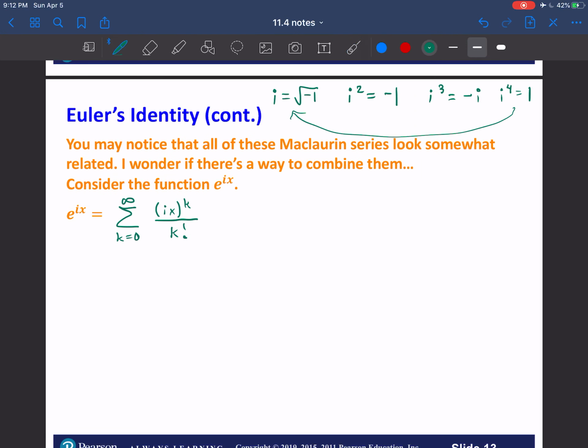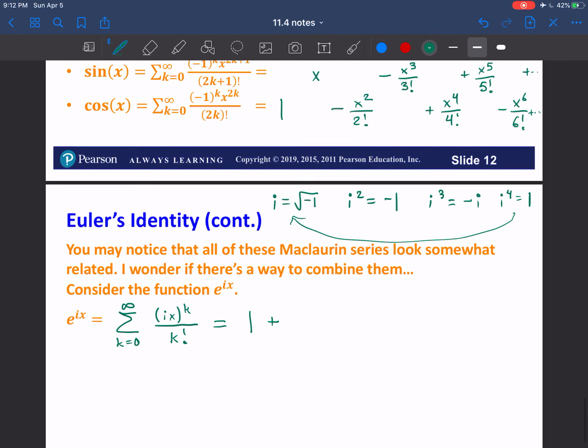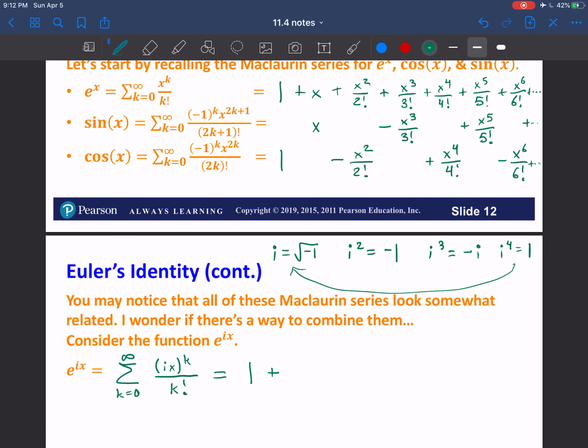So if we expand this out, we would get 1 plus, so actually let's look back here. Every time we see an x, we're going to replace it with ix. So 1 plus ix plus i squared x squared over 2 factorial plus i cubed x cubed over 3 factorial plus i to the 4th x to the 4th over 4 factorial plus i to the 5th x to the 5th over 5 factorial.